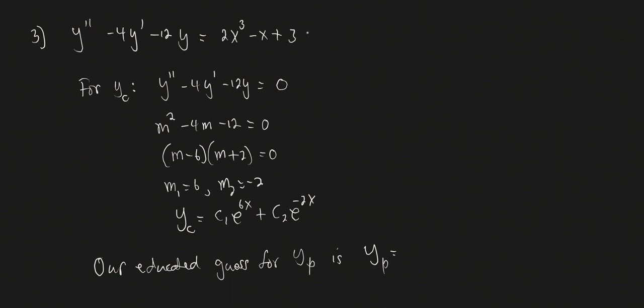So when we're making an educated guess for our polynomials, if we have identified what the degree has to be, we have to write down the general form of that polynomial. So it would have to be some number times x cubed plus some number times x squared plus some number times x plus some number.